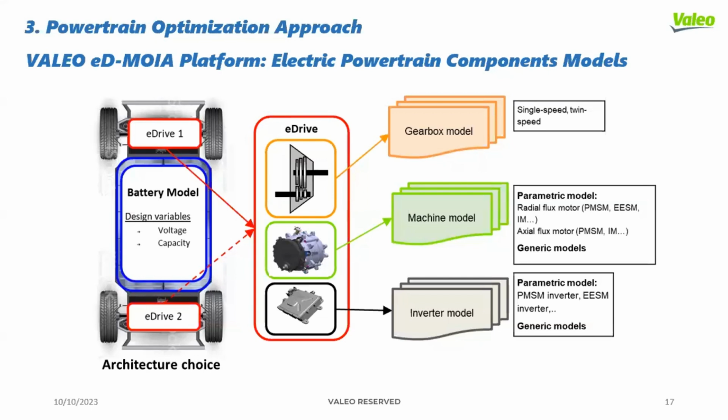For the observation model, we have different models of the eDrive. For the gearbox, we have, for example, single speed, twin speed models. For the machine models, we have parametric models, such as radial flux motor, as well as we are working on having the axial flux motor models, in addition to our generic models that are built for the already existing Valeo machines.